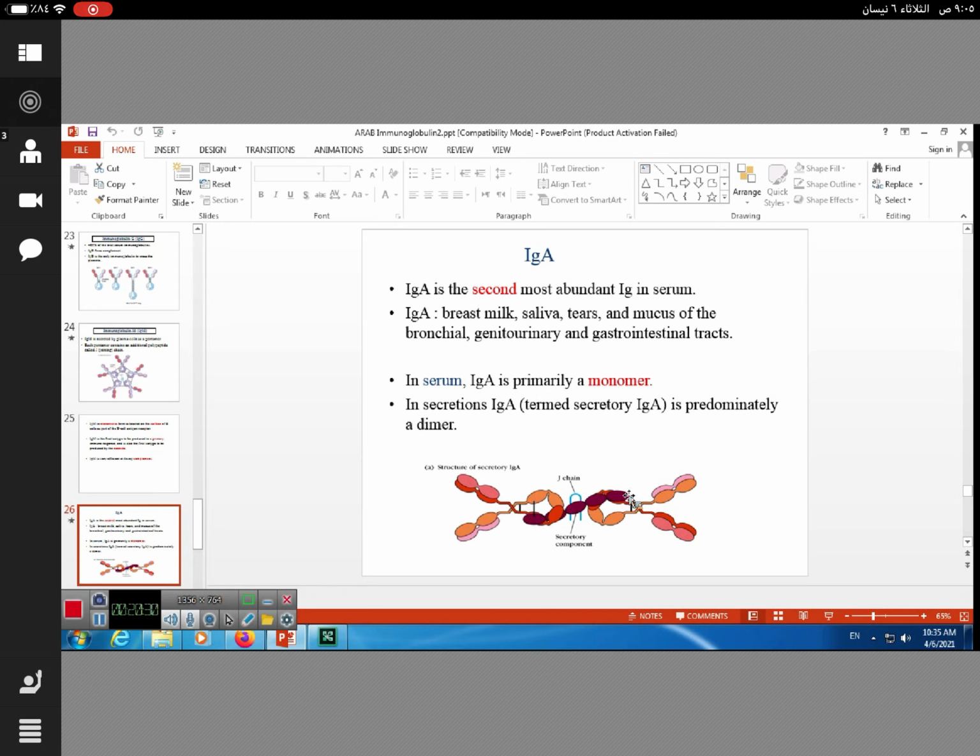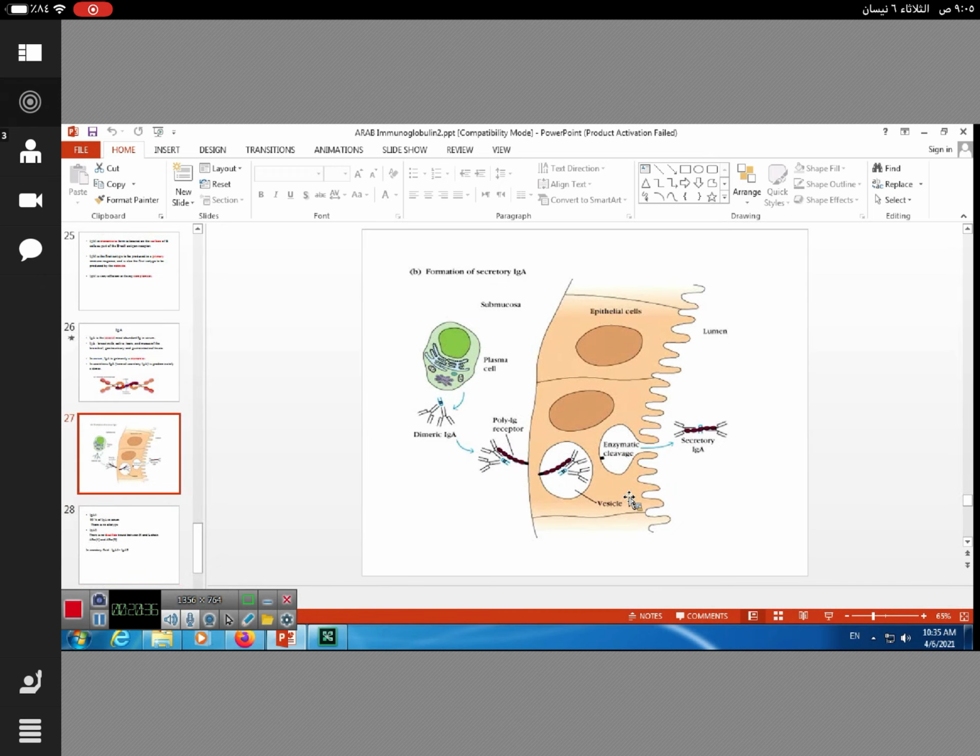The secretory component is not produced by B cells. It's produced by epithelial cells. You can see after antigenic challenge, activated B cells or plasma cells produce IgA, and this IgA binds to the poly-Ig receptor on the epithelial cell surface, and after enzymatic cleavage, some part of this receptor remains with the antibody structure, which is named the secretory component.